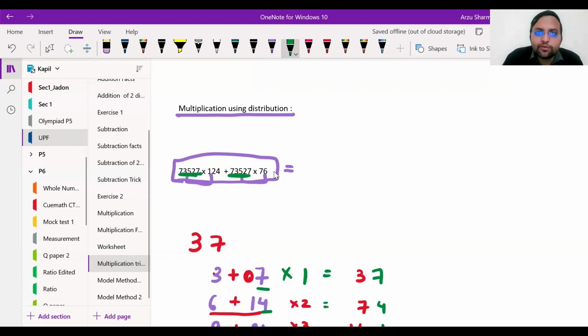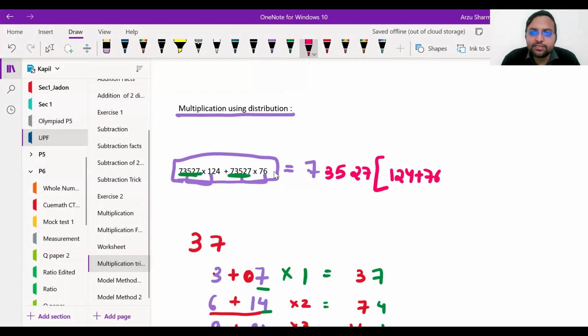So we can actually take it out. It's a common factor. So 73,527 times 124 plus 76. Now, did you understand this step, guys?